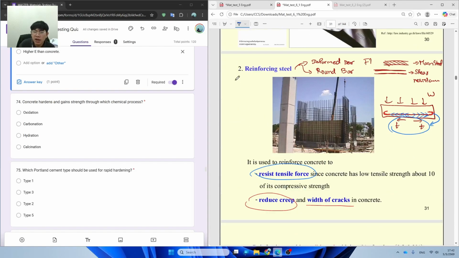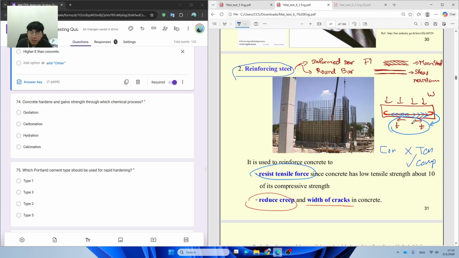And another part is going to be the reinforcement steel. According to the mechanical property of the concrete, we know that concrete is going to be bad in tension, but going to be good in compression.